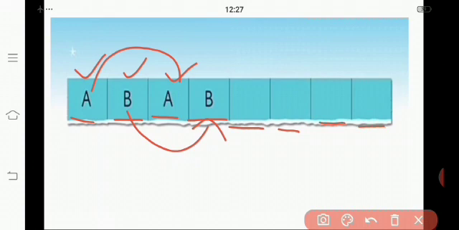This becomes a pattern. So the next letter will be A, and the next letter will be B. Then again letter A, and lastly letter B.